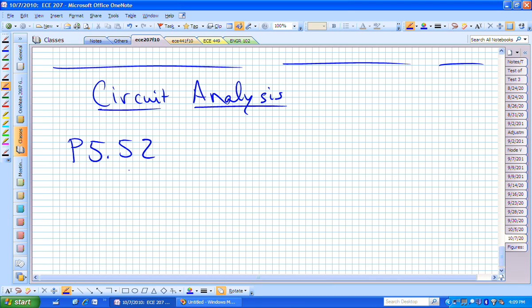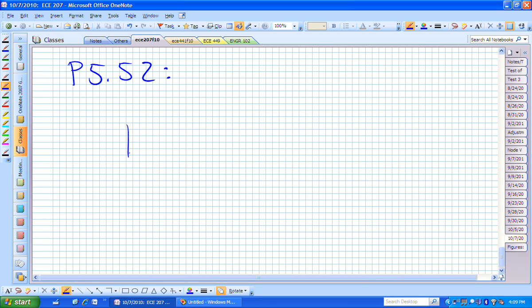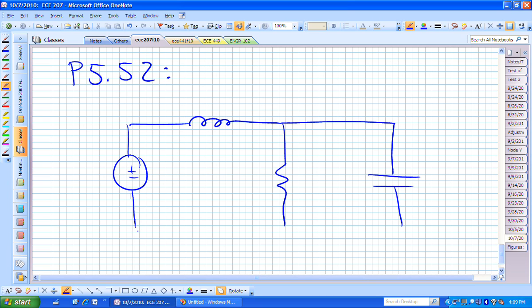Let's work problem 52 in chapter 5. I don't even have that problem, all I have is the circuit. Here's the circuit. It has an inductor, a resistor, and a capacitor. My voltage source is 100 cosine of 10 to the 4th t.